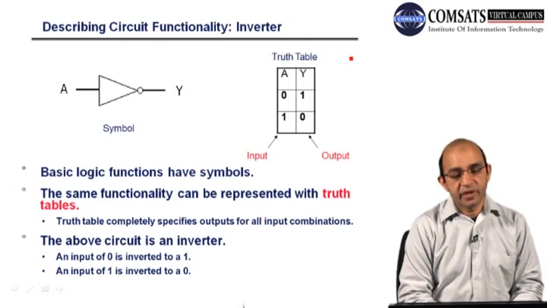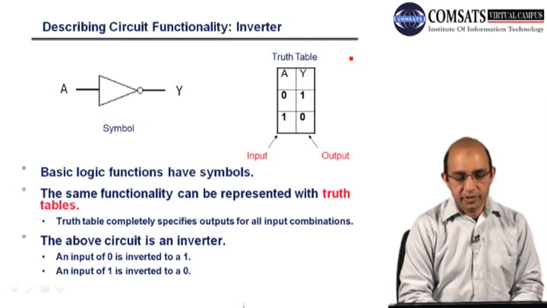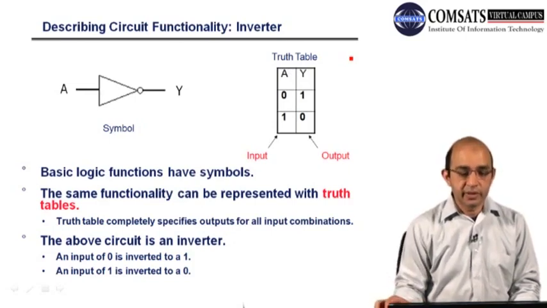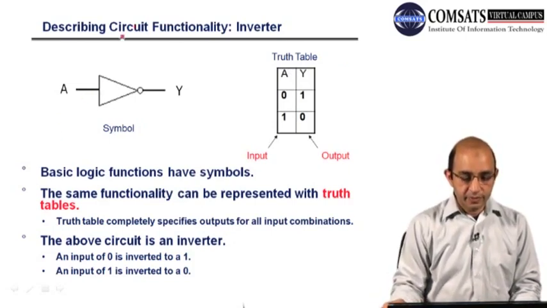You can represent the functionality of the circuit by using the truth table, or you can use the Boolean expression, or you can also use the symbols, right? So if you look at here, we have a truth table.